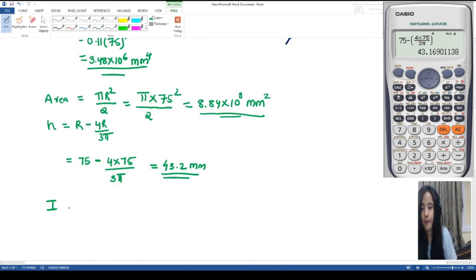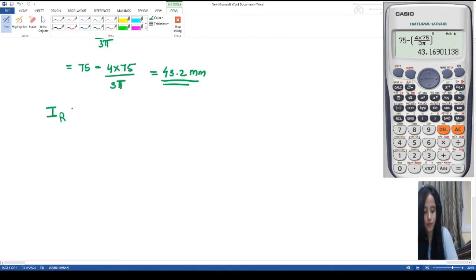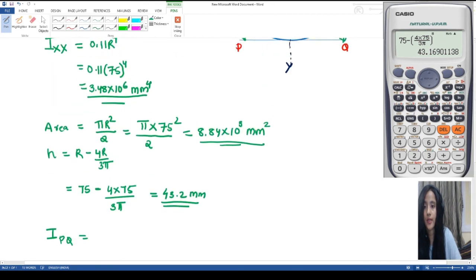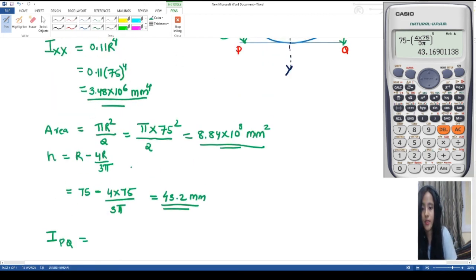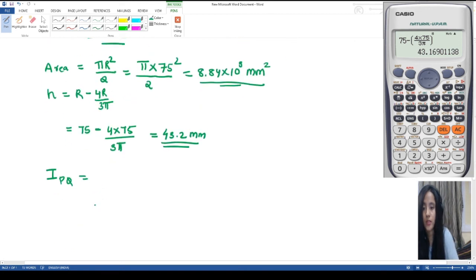So PQ will be equal to moment of inertia about axis, which was 3.48, it was equal to 3.48 into 10 raised to power 6 plus area of the semicircle, which came out to be 8.84 into 10 raised to power 3 into its height 43.2 square.